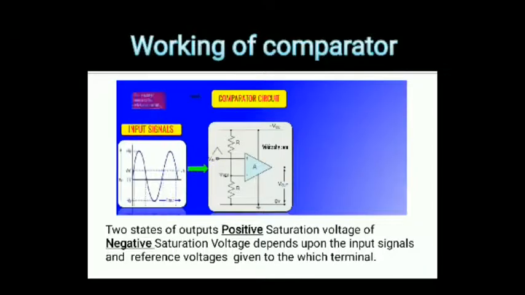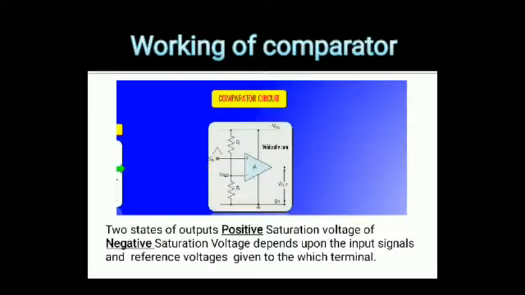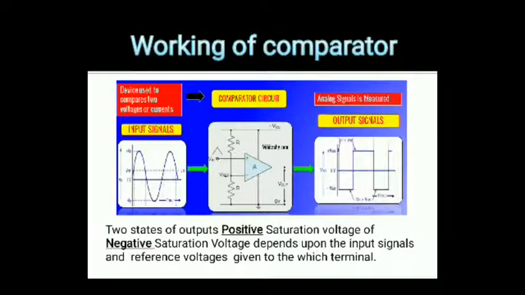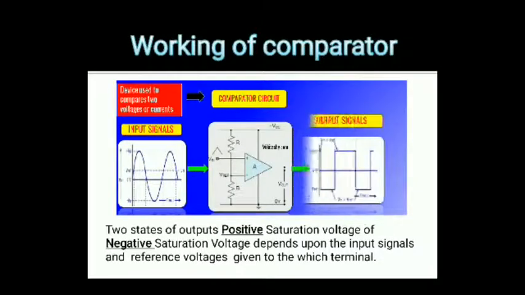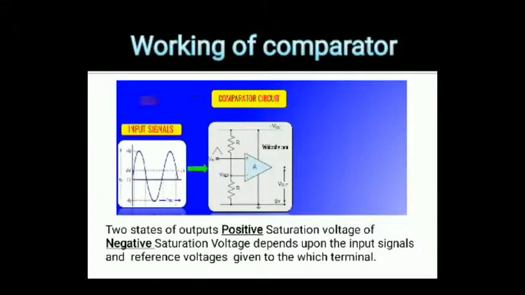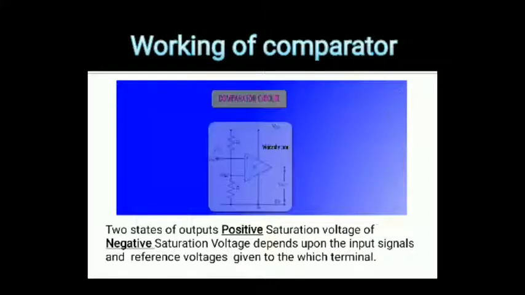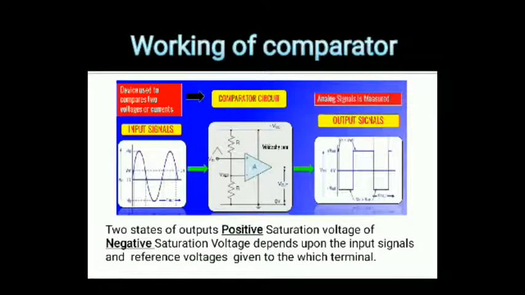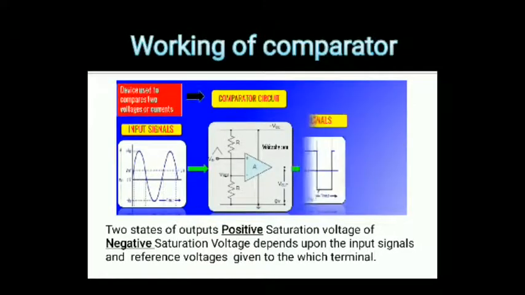And if the input signal is less than the known reference voltage, the output will be negative saturation or considered as zero state. This is the basic working of comparator. In this manner, the comparator is used to compare two voltages or currents and produce a digital pulsed wave output.